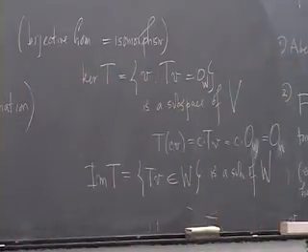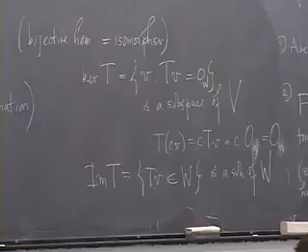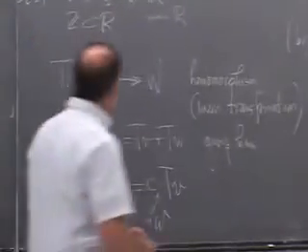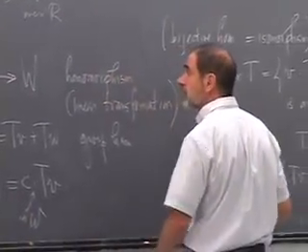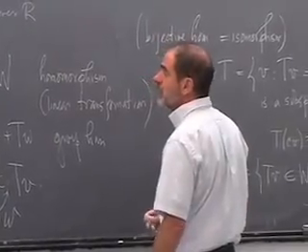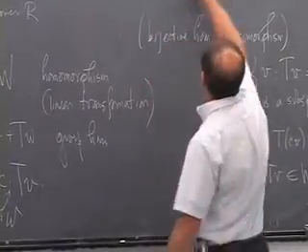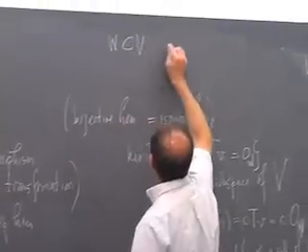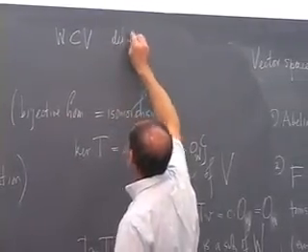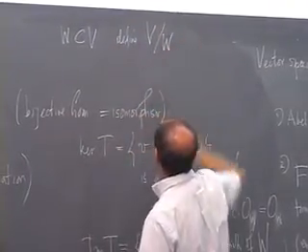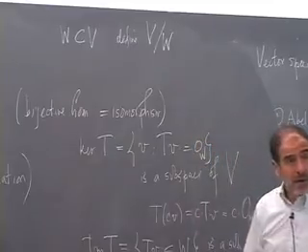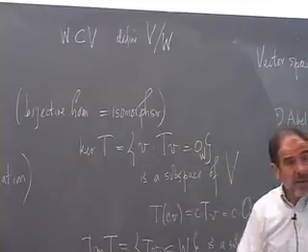One more thing and I'll take a question. Finally, we might as well keep pushing our group theory. Why don't we define, if I have a subspace W in V, the quotient space, V mod W, the set of cosets of W in V, which is an abelian group.